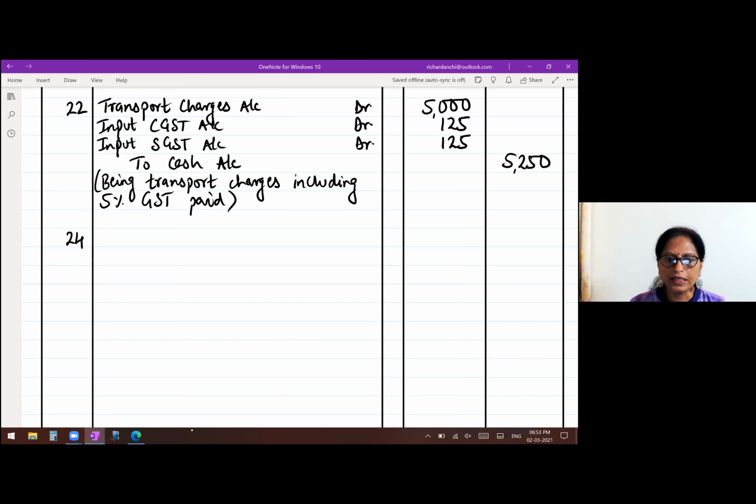Bank is the giver, personal account. So the entry here will be audit fees account debit 5,000 to bank account 5,000, being audit fees paid.